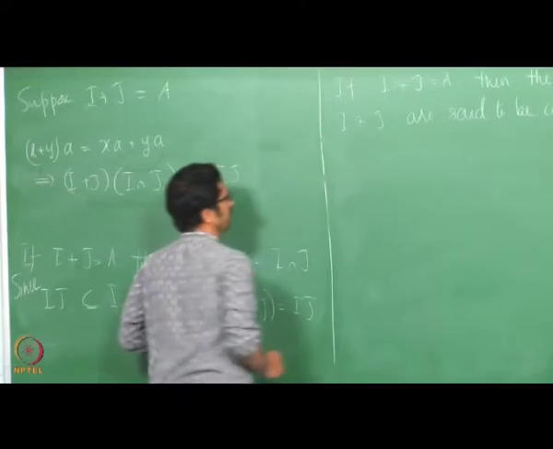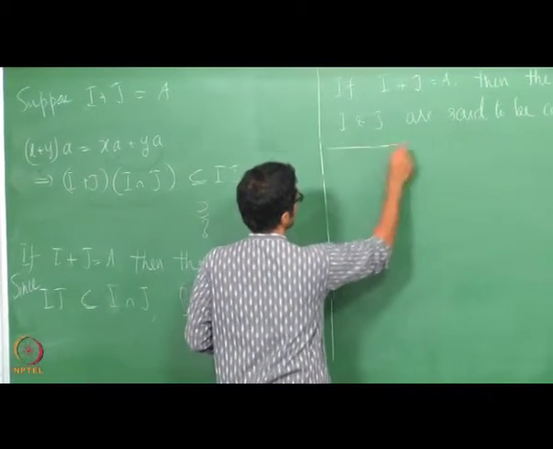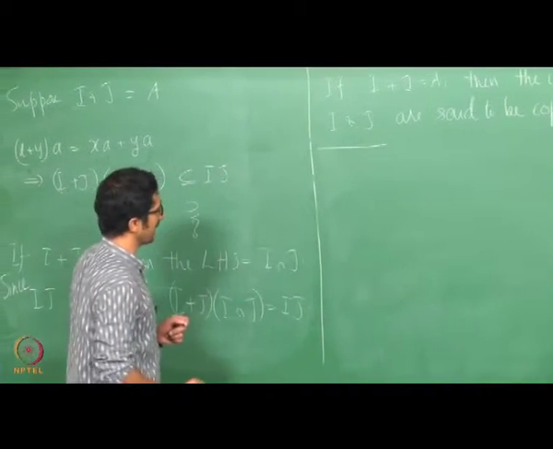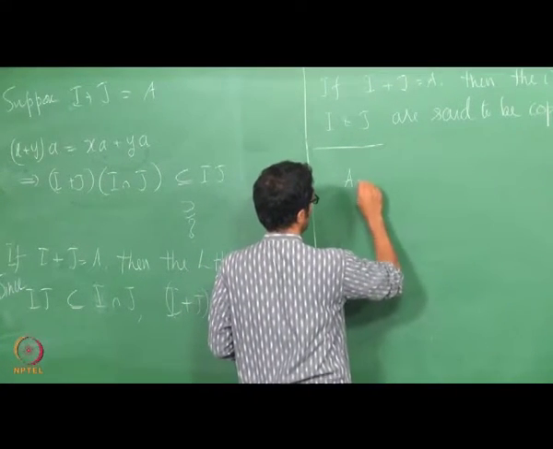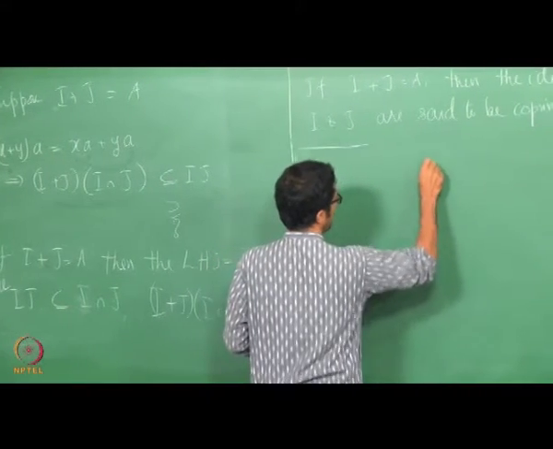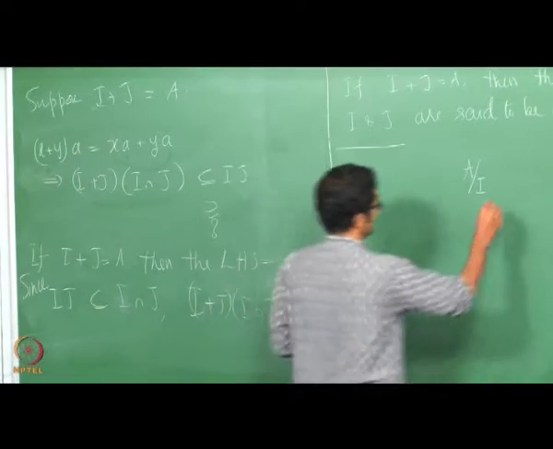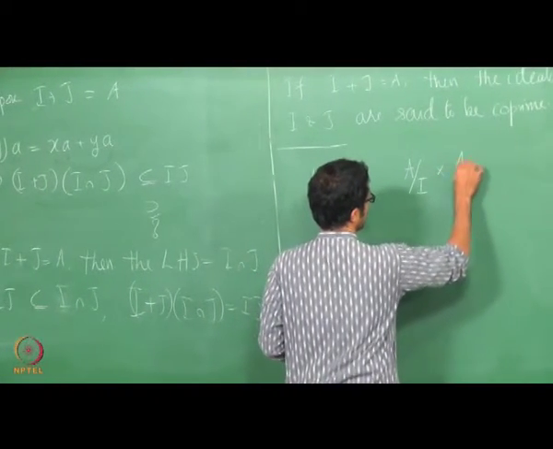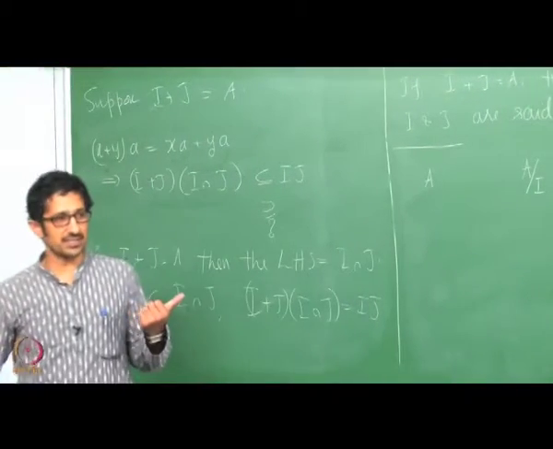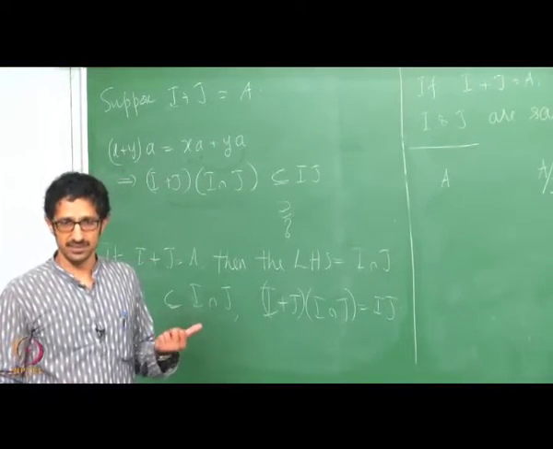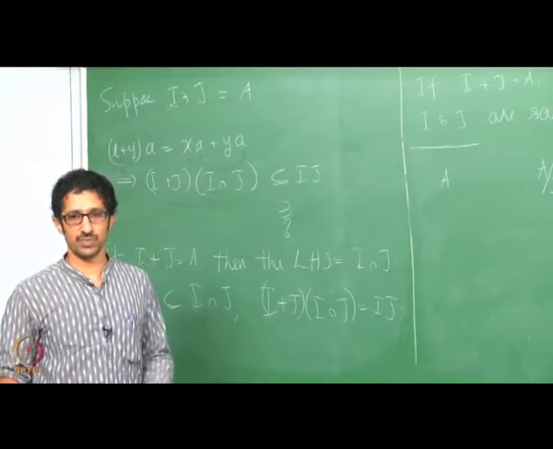Now, there is an interesting natural map. If I take ideals in A, there is a quotient ring A mod I. If you have two rings A1 and A2, their Cartesian product is also a ring with addition and multiplication component wise.